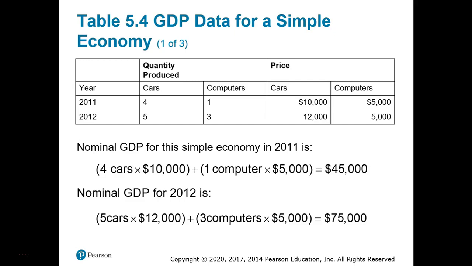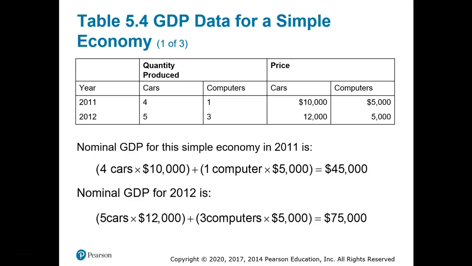Which one did we grow? Well, if we multiply everything out, 4 times 10,000, that's 40,000 in 2011 for cars, quantity times price. And then computers, 1 times 5,000, that's 5,000. We add those across, so 40,000 plus 5,000, that's 45,000. And if we did the same thing for 2012, 5 times 12,000 is 60,000, and 3 times 5,000 is 15,000.